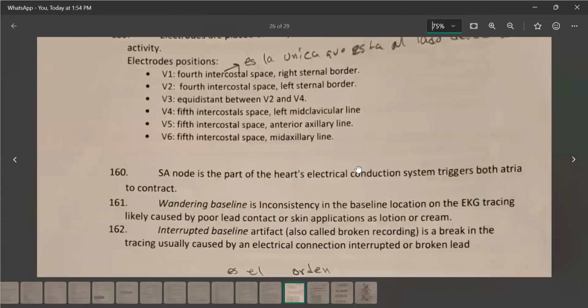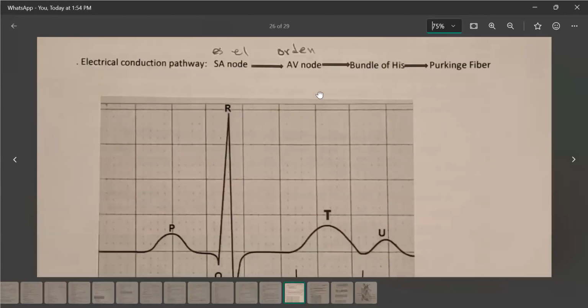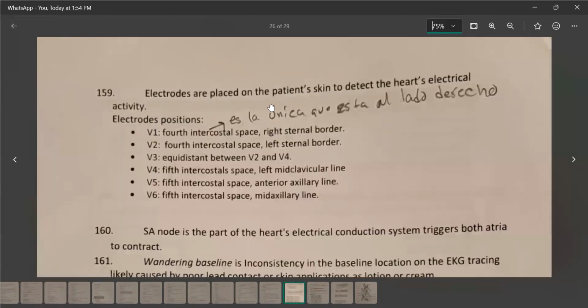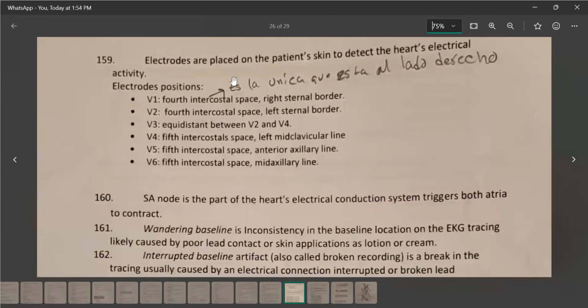159. Electrodes are placed on the patient's skin to detect the heart's electrical activity. Electrode positions: V1, 4th intercostal space, right sternal border. V2, 4th intercostal space, left sternal border. V3, equidistant between V2 and V4.